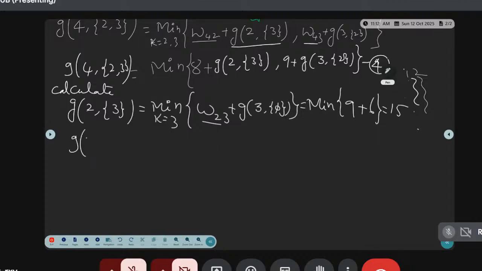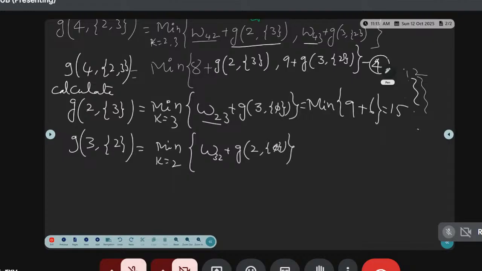G of 3 comma 2, minimum of 3 2. This is equals to the minimum function. We have only one value కాబట్టి we are not checking for minimum. Third row second, C21.